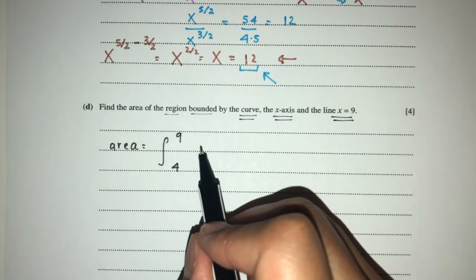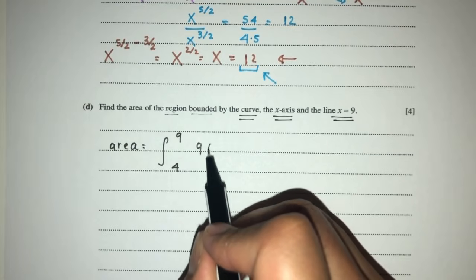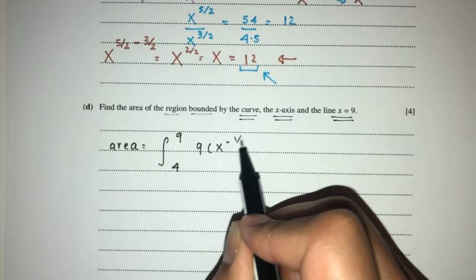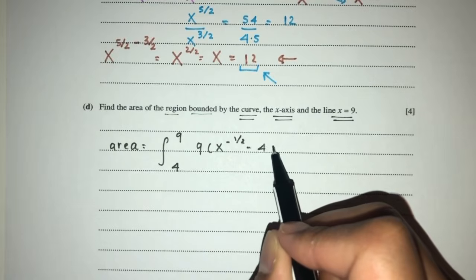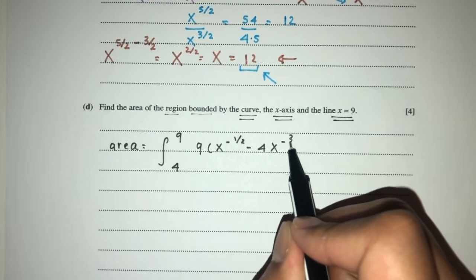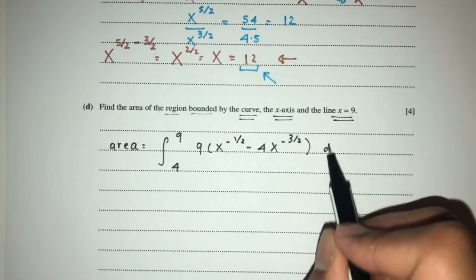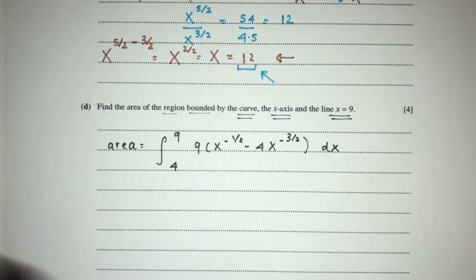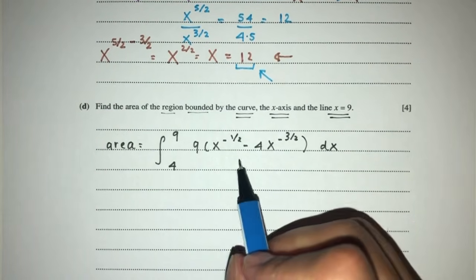We have seen y could be written as 9 x power minus half minus 4 x power minus 3 over 2. This is given to you, so there's nothing to derive about this. This is just your equation of y.